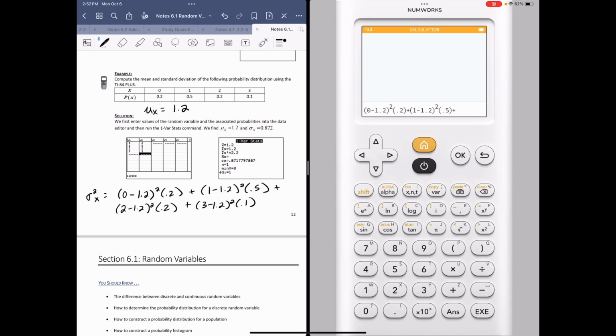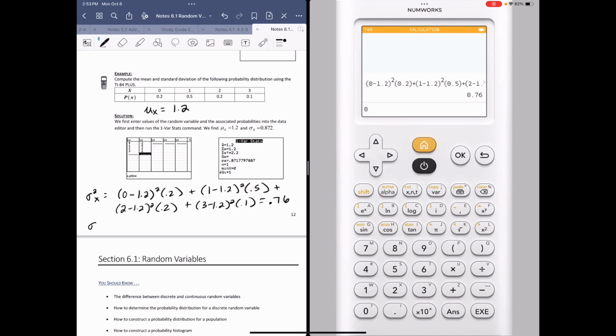And then I'm going to type 2 minus 1.2 squared times 0.2. And lastly, 3 minus 1.2 squared times 0.1. Push enter. If you got 0.76, that's great. If you didn't, don't try to type it again. It doesn't matter. But my variance is 0.76.